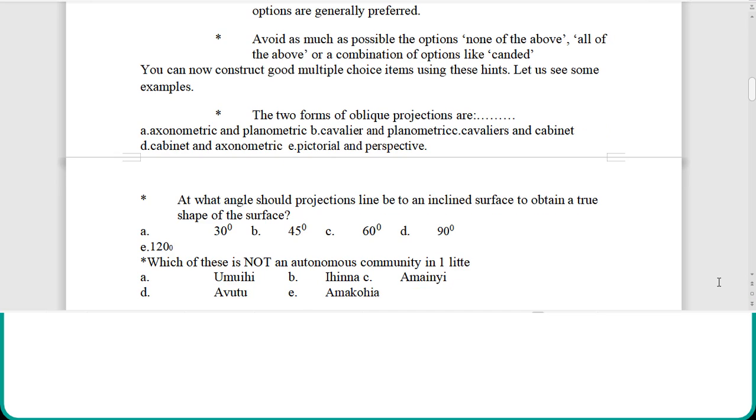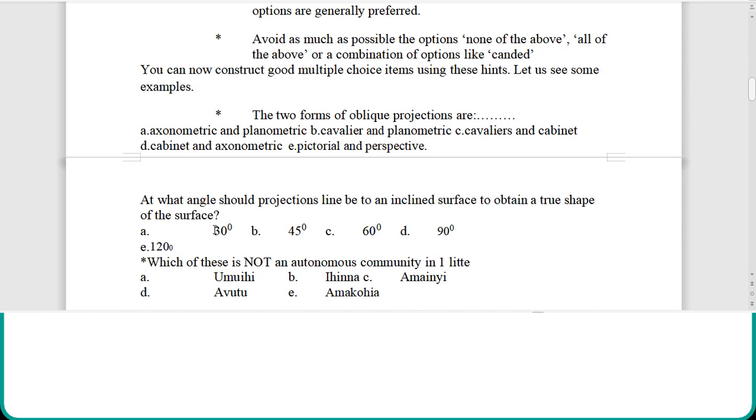A. Axonometric and planometric, B. Cavalier and planometric, C. Cavalier and cabinet, D. Cabinet and axonometric, E. Pictorial and perspective. Second example. At what angle should projection lines be to an inclined surface to obtain the true shape of the surface?